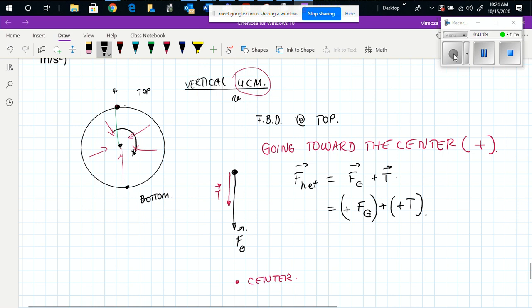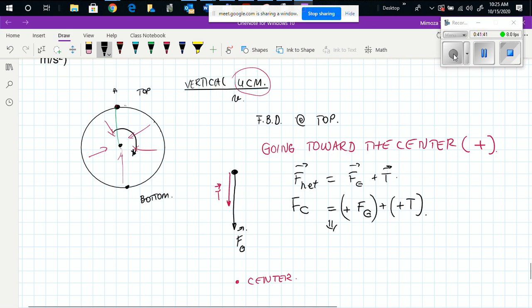But force net, since the object is moving in a circle, will have its identity taken by centripetal force, because we said that centripetal force is not a force on its own, but it takes the identity of force net when force net is perpendicular to the velocity, or the object is moving in uniform circular motion.